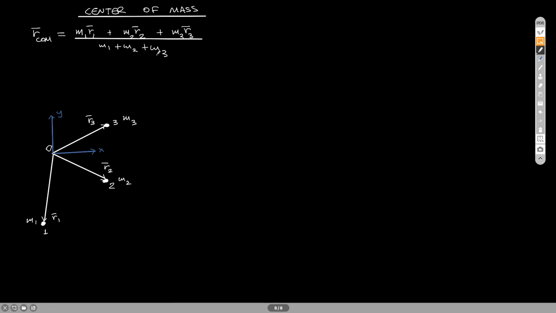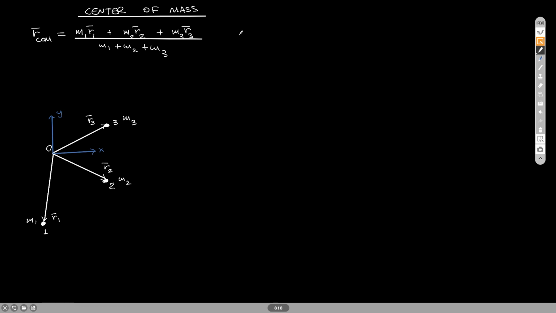Dividing by the total mass allows me to keep the position of the center of mass independent of how much mass there is in the system. It does depend on how the mass is distributed. If m1 is much bigger than the rest, then the position of 1 is gonna count more. If m2 is the greatest, then the position of 2 is gonna count the most in this calculation. But because I'm dividing by the total amount of mass in this system, I keep the calculation of the center of mass independent of the total mass.